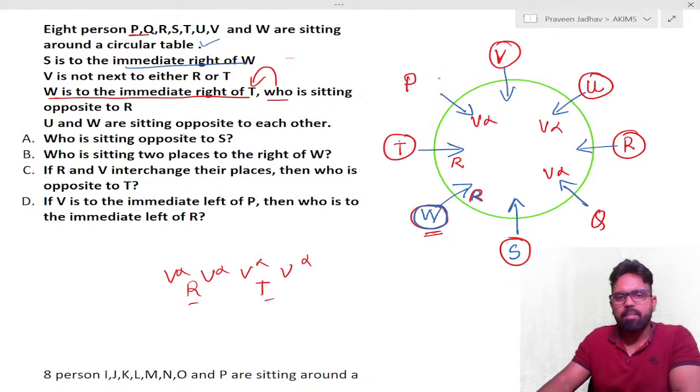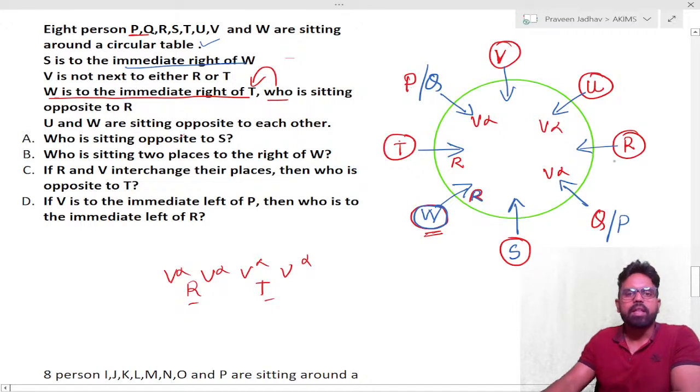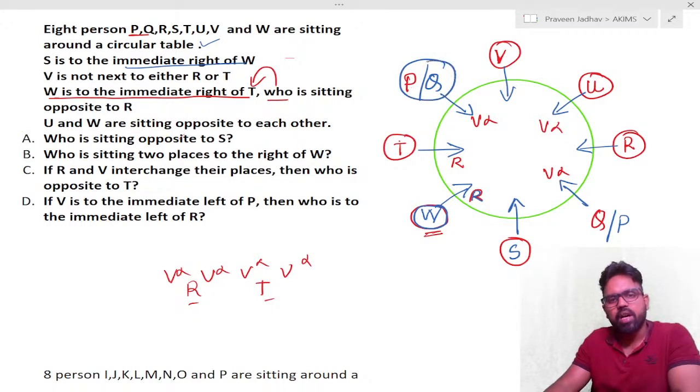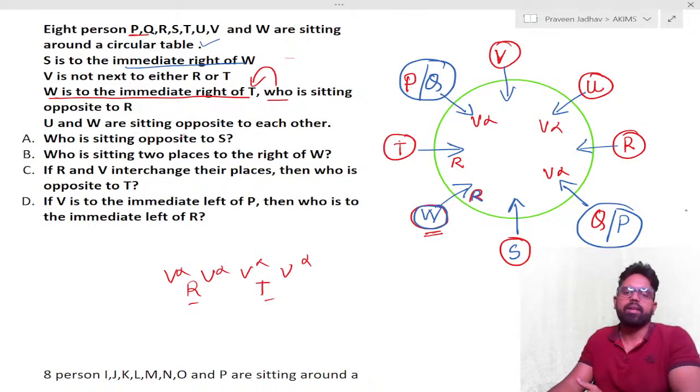At the same time, if Q comes here, P will come. These two people's positions are in toggle. It depends upon who comes where. We are not certain about their positions. Getting it? P or Q, Q or P. Everyone?